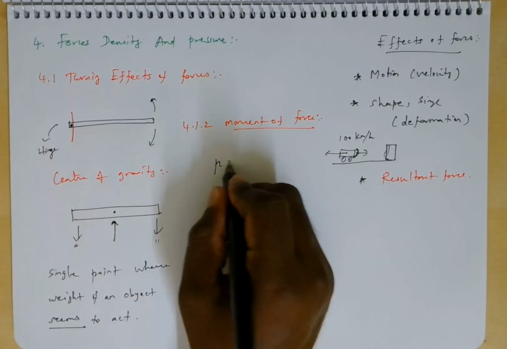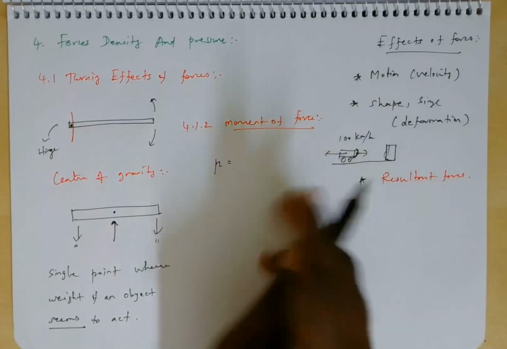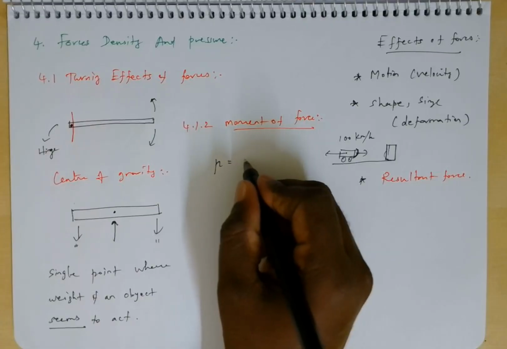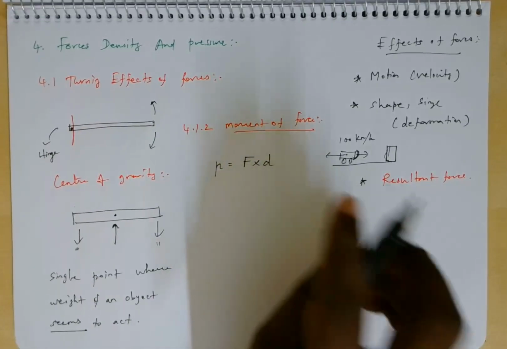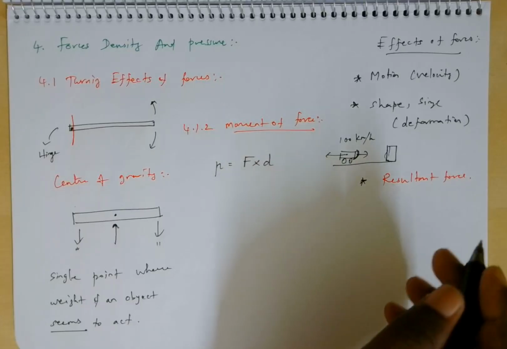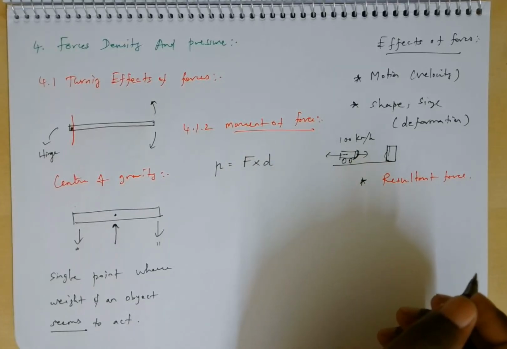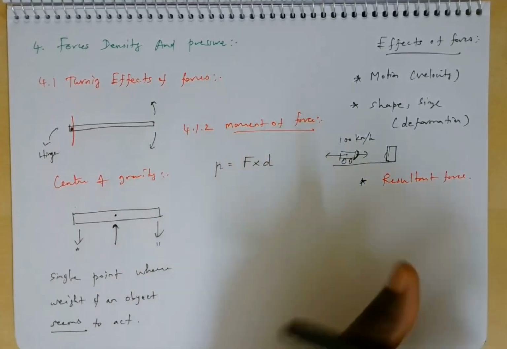We can give it eta. It doesn't have any symbolic representation in IGCSE and AS level, but we can give this letter. Now, this is force into perpendicular distance. You remember this equation, sir? So force into perpendicular distance. This perpendicular distance is very important. So the definition of moment of force is force multiplied by perpendicular distance.